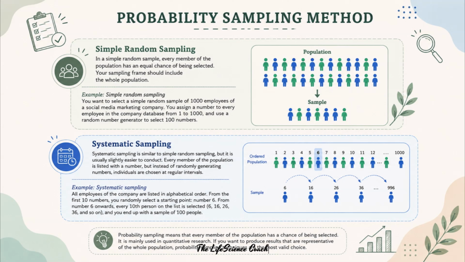Then samples are taken from each group. Example: selecting students equally from science, commerce, and arts departments. Cluster sampling. In cluster sampling, the population is divided into clusters, and entire groups are selected randomly. Example: choosing 2 schools randomly from a city and surveying all students in those schools.